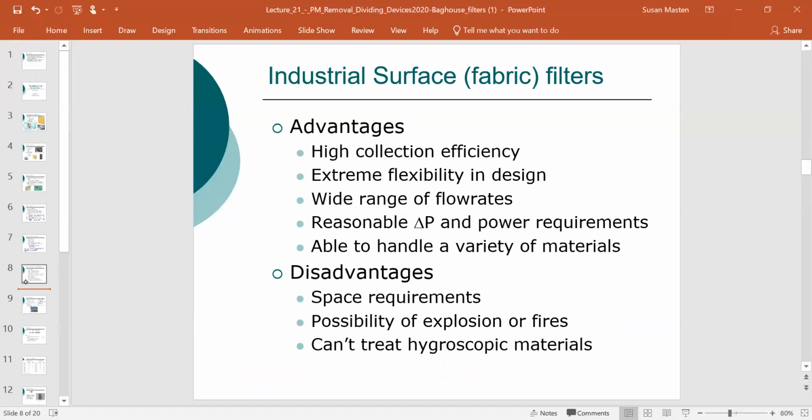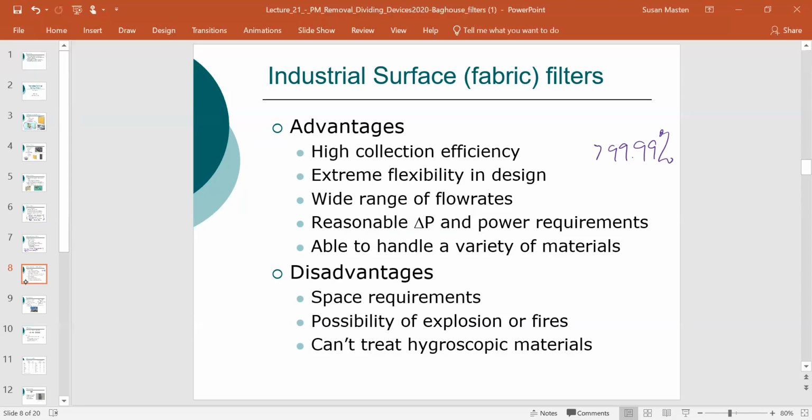Now, some of the advantages of these industrial surface fabric filters, or what are referred to as baghouse filters: they have a high collection efficiency. As was mentioned, we're looking at potentially greater than 99.99%. Okay, they're extremely flexible. Remember with the ESPs, when we talked about those, they are not flexible at all.